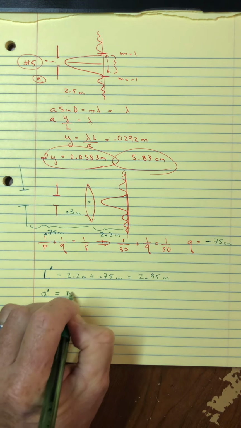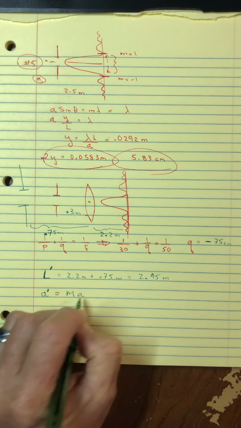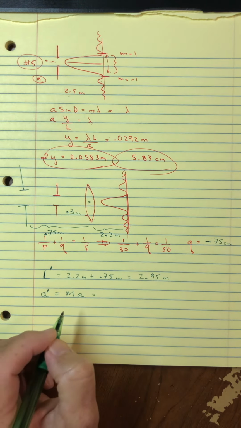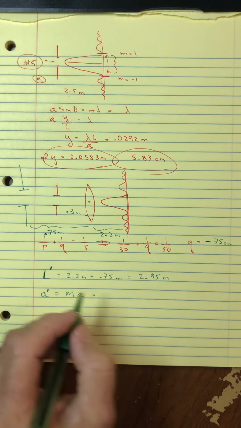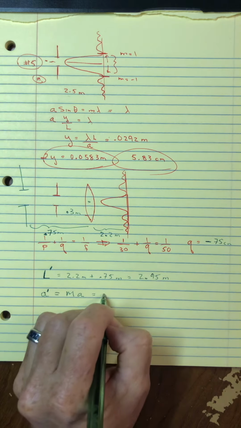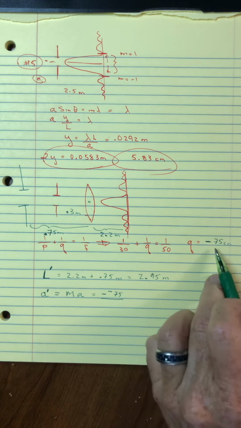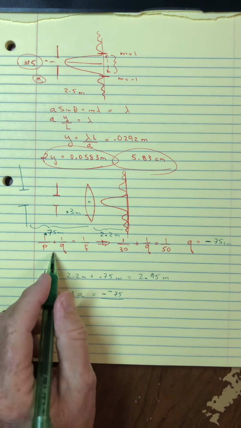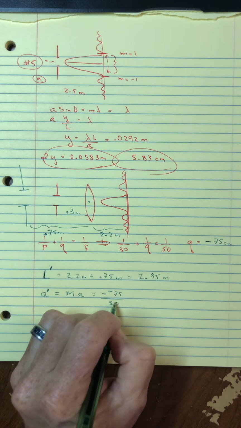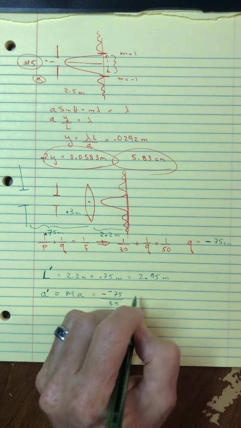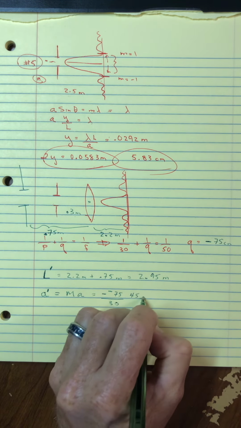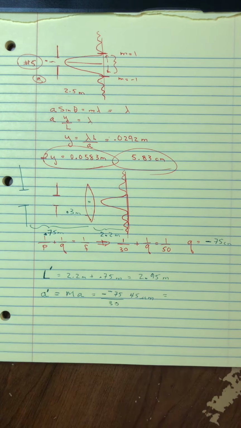So we're going to have to take the magnification times the original slit size. And the magnification would be the negative of the negative 75. That's the Q. So it's minus Q over P times a 30. And the original size was 45 micrometers.